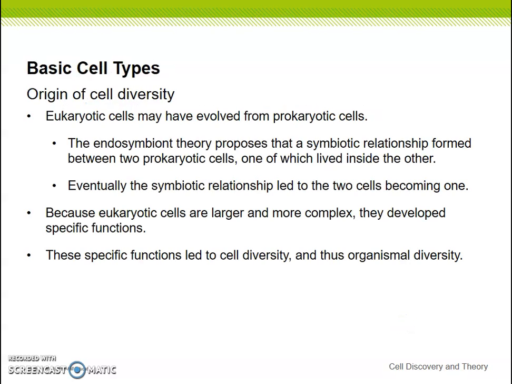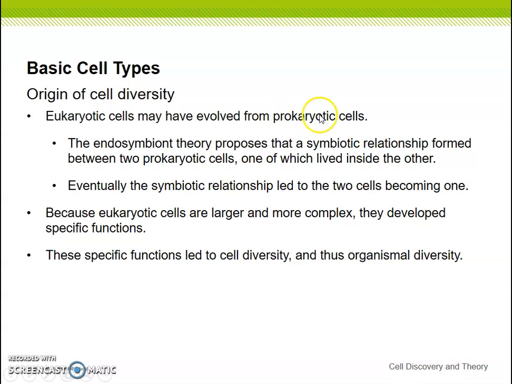Origin of cell diversity. Scientists think that eukaryotic cells have evolved from prokaryotic cells. Now, just a brief segue to talk about the naming of these cells. The prefix pro means before, and in Latin, karyote means kernel or nucleus.